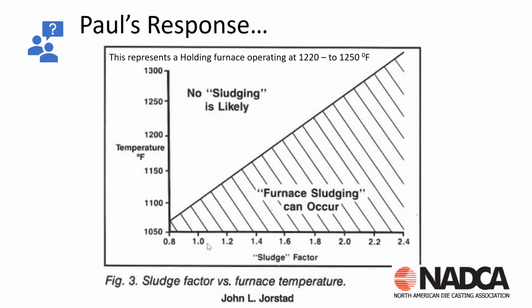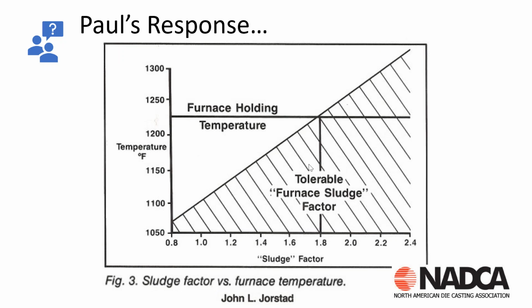On the bottom of the graph, we have our sludge factors, 1.0, 1.2, 1.4, 1.6, and here's that 1.8 region. At a 1.8 sludge factor, if our holding furnace is right around that 1235, as long as we maintain 1.8, then we're not going to see sludging, or sludging is going to be at a tolerable level, and we're not going to have excessive sludging.